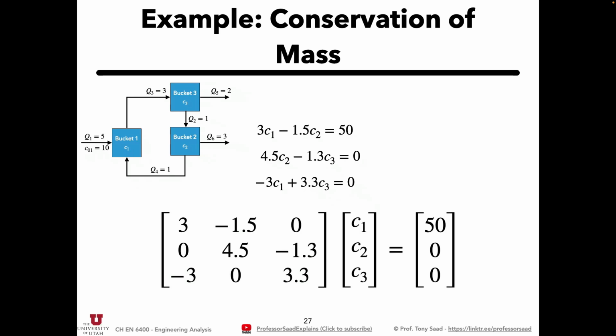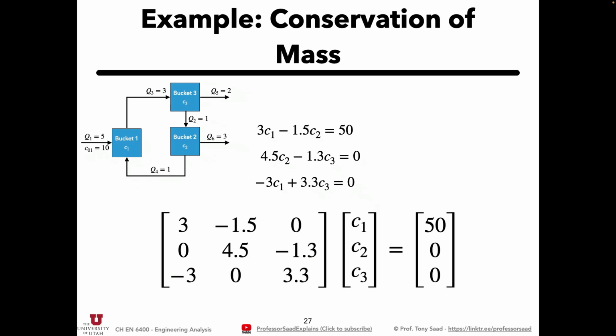So whenever I see a matrix, it must come from a system of linear equations. It's trying to solve for something. Each row in the matrix represents an equation. So this is equation 1, or bucket 1, equation 2, bucket 2, equation 3 for bucket 3. You can rearrange them, I don't care, but each row represents an equation. Now the columns represent the variables.